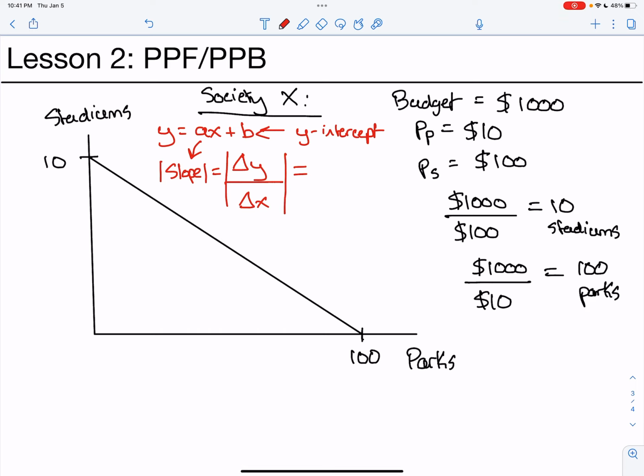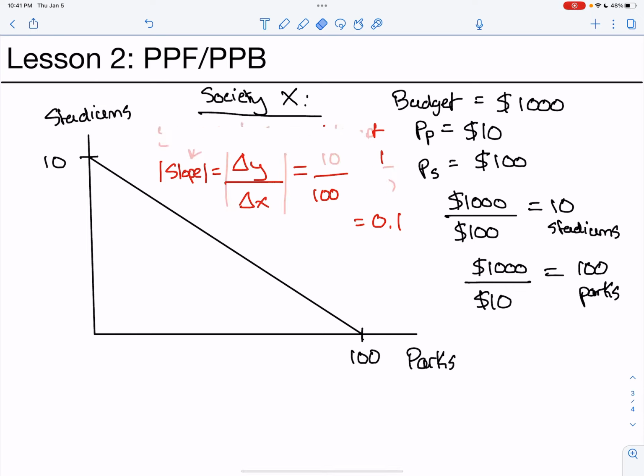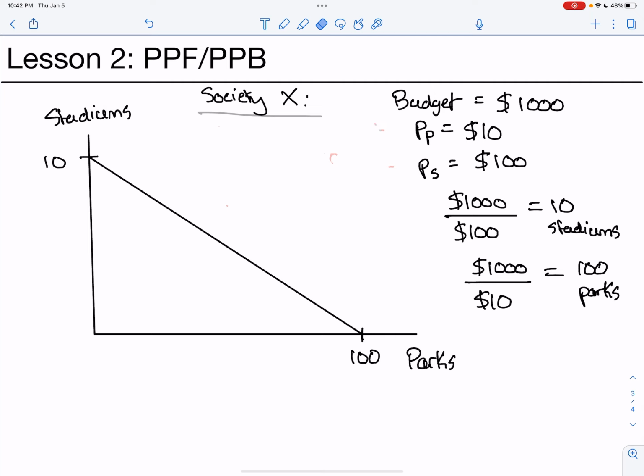So delta y would just be 10, and delta x would be 100. We would just get 1 over 10. You could also write that as 0.1. So our equation for this line would be 0.1 times x plus 10, 0.1 being the slope, 10 being the y-intercept. So let's just go ahead and write that down. Let's make a little bit of space here.